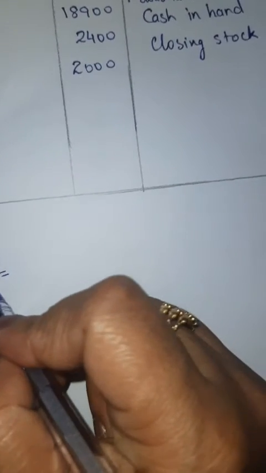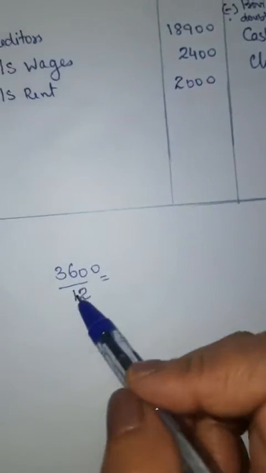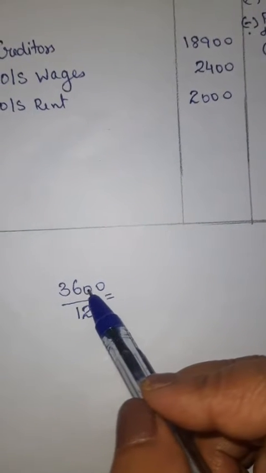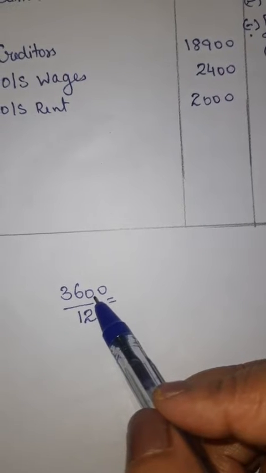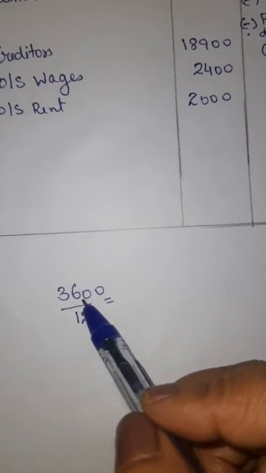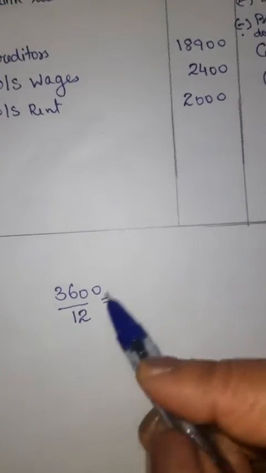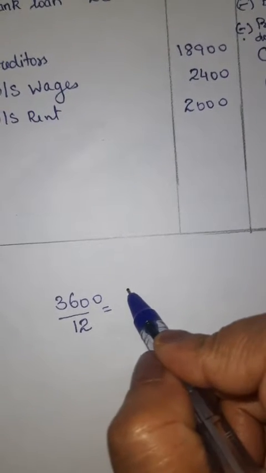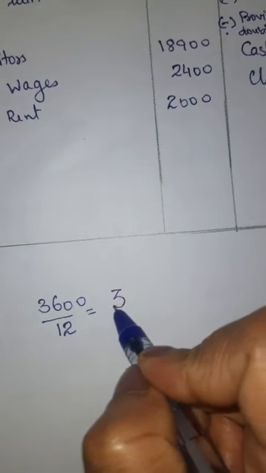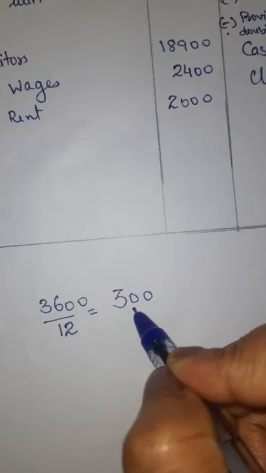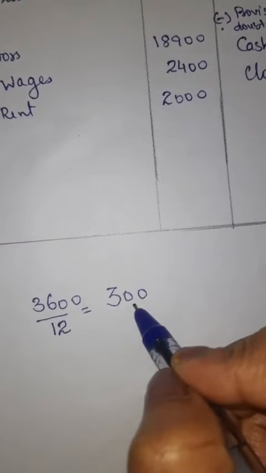To calculate that, 3,600 is the amount of insurance premium given in the trial balance. If you divide it by 12, you will get the 1 month premium. So for 1 month, you will be paying rupees 300 as insurance premium.